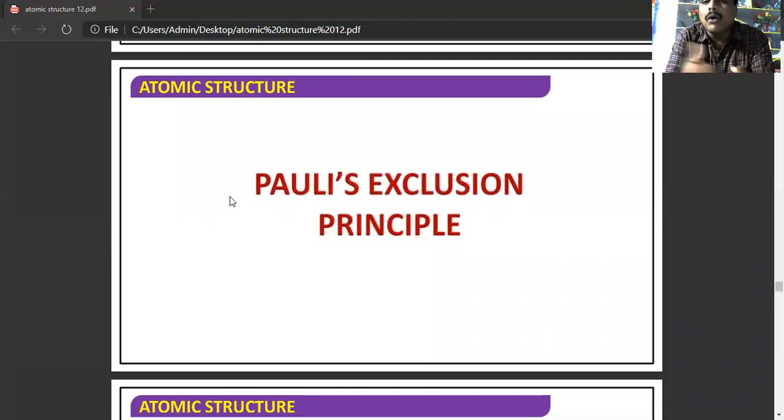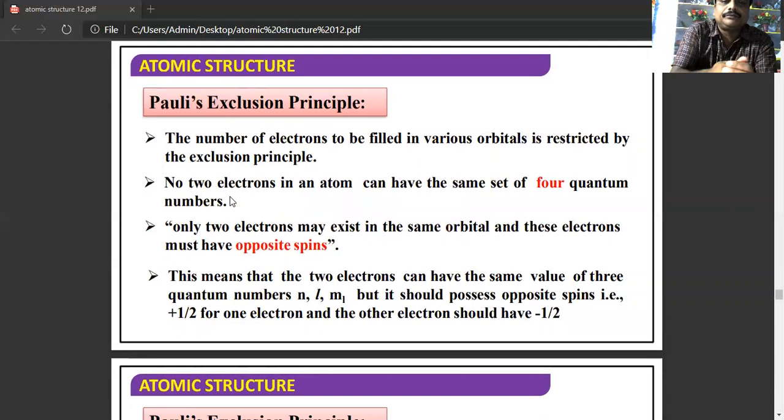Next one is Pauli's exclusion principle. So what is Pauli's exclusion principle? The number of electrons that can be filled in various orbitals is restricted by the exclusion principle. Pauli's exclusion principle states that no 2 electrons in an atom can have the same set of 4 quantum numbers.